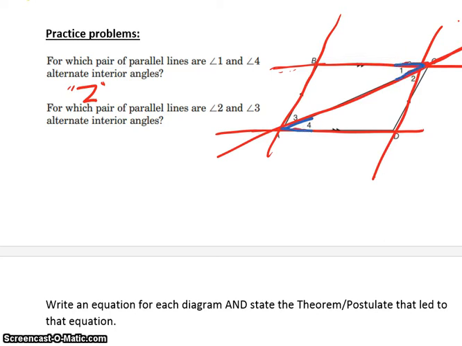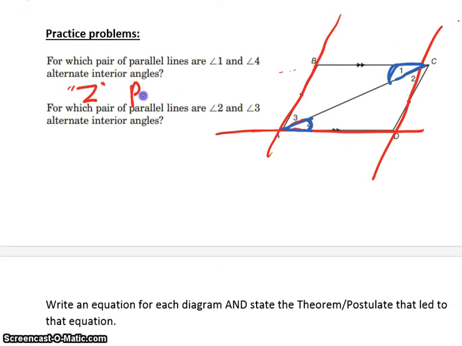I need to decide which two lines are parallel for them to become AIAs. If I make the Z with angle 1 and angle 4, the two lines that make these angles happen are line BC and AD.